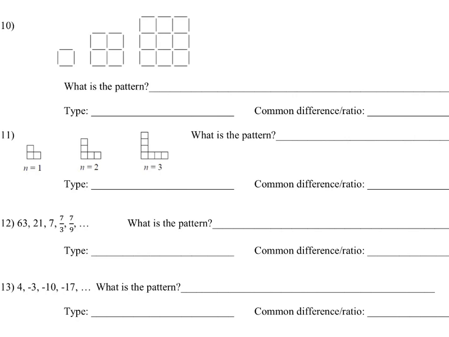Well, the pattern, we looked at this one the previous time, as well, adding another row and a column. Or you have a 1 by 1, 2 by 2, 3 by 3.